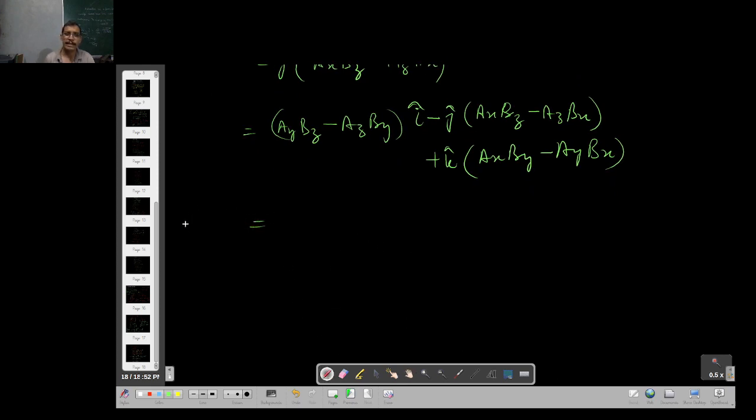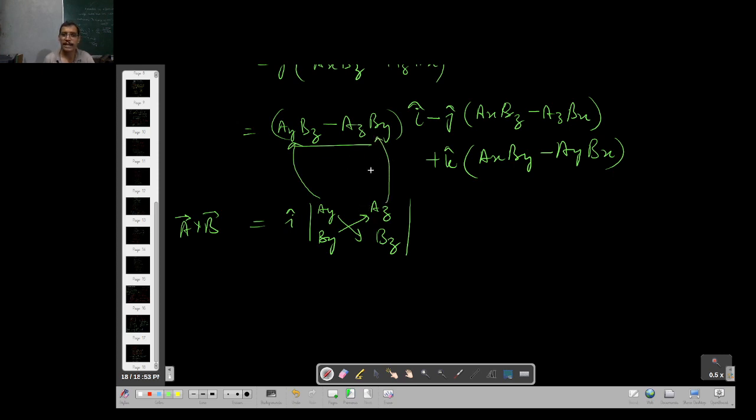Now A cross B can be written like this: i cap times the determinant of ay az, by bz. It can be written like this because this multiplied by this is our first term, and then this multiplied with this is the second term, taking the negative of these two. It's a simple property of determinants.